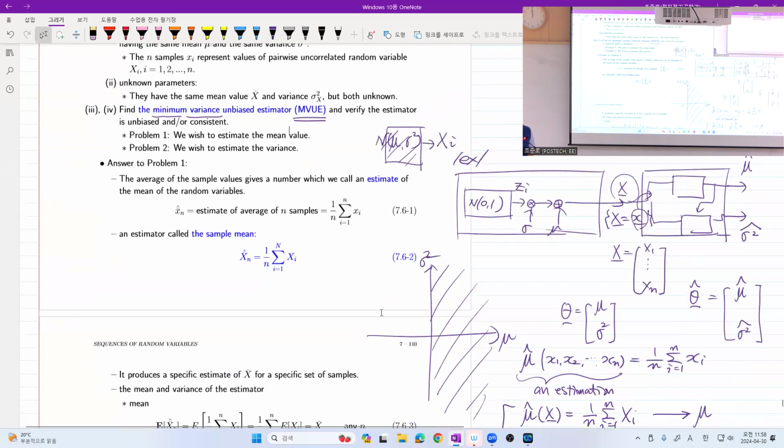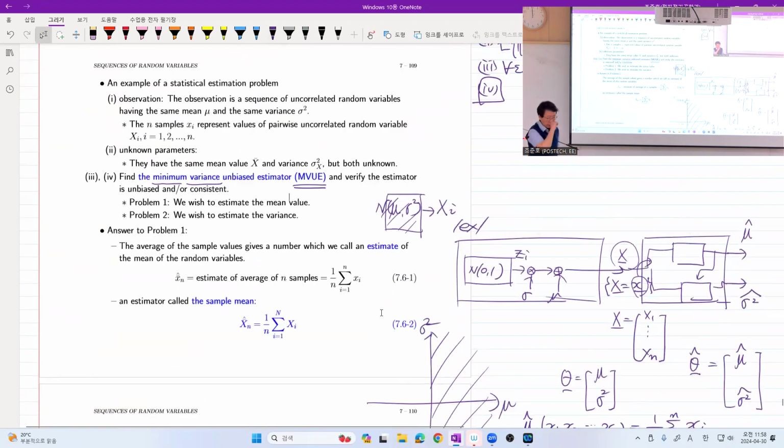Fortunately, in our previous case, now let's generalize: uncorrelated observations with the same mean and the same variance, both finite. We want to find an unbiased estimator that has minimum variance.